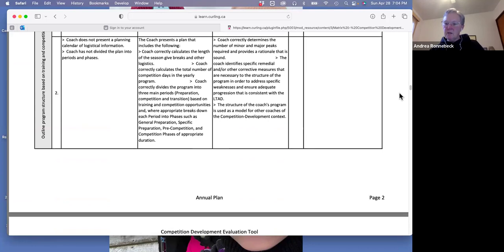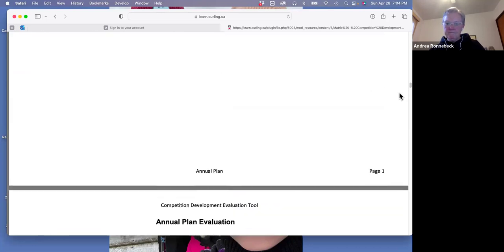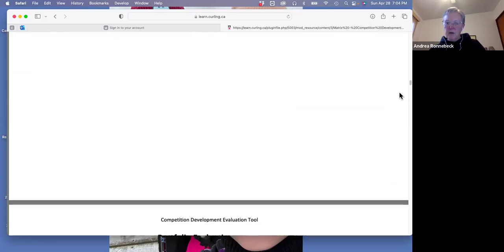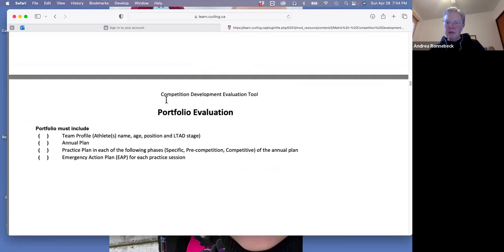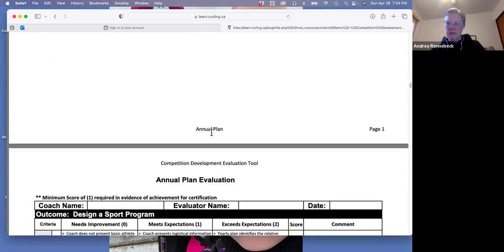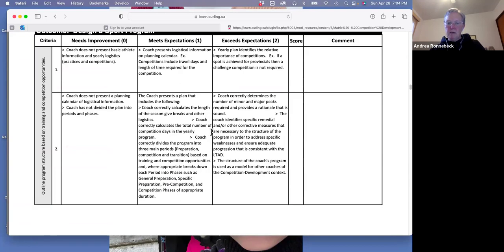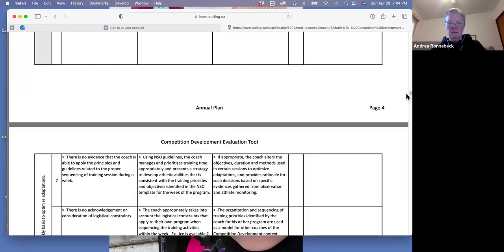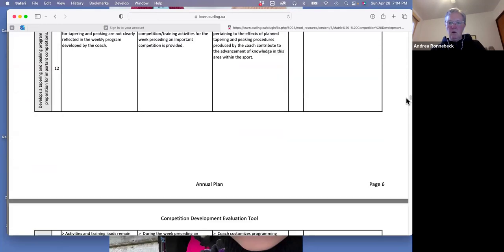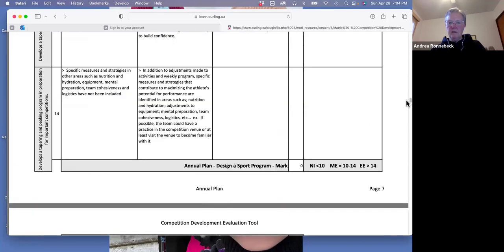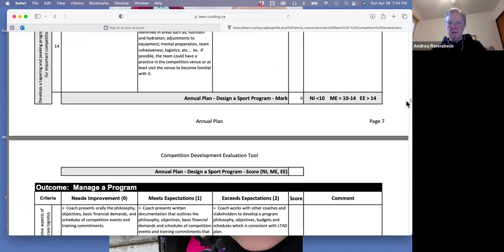So it starts. You have to go down to the competition development evaluation tool, portfolio evaluation. That's really where it starts. Page 1. And then this is all annual plan to page 7.